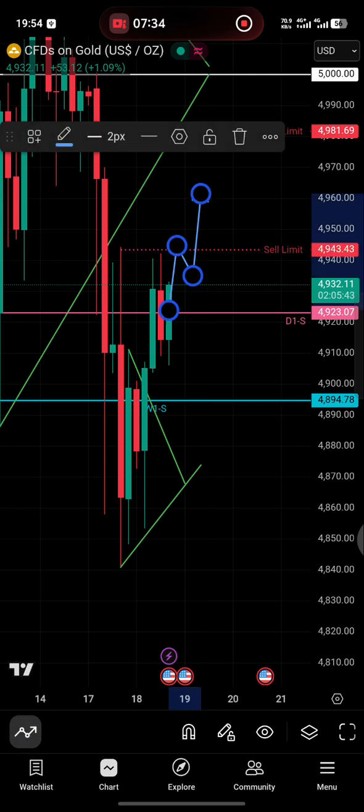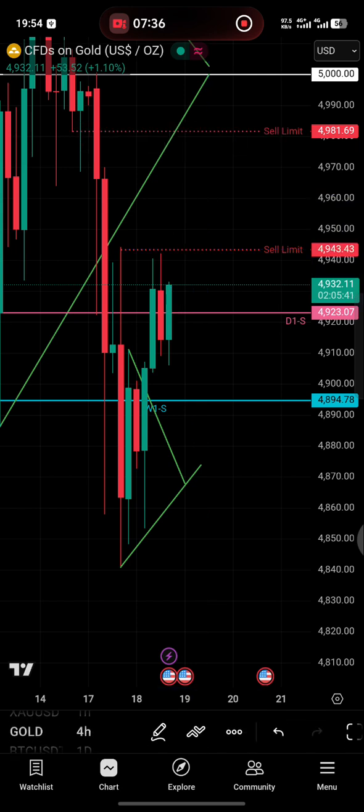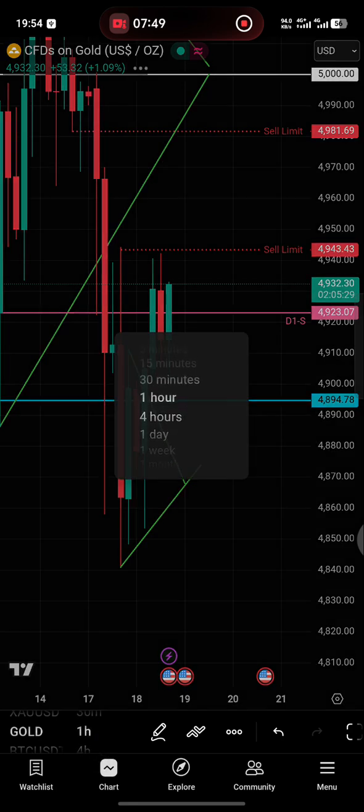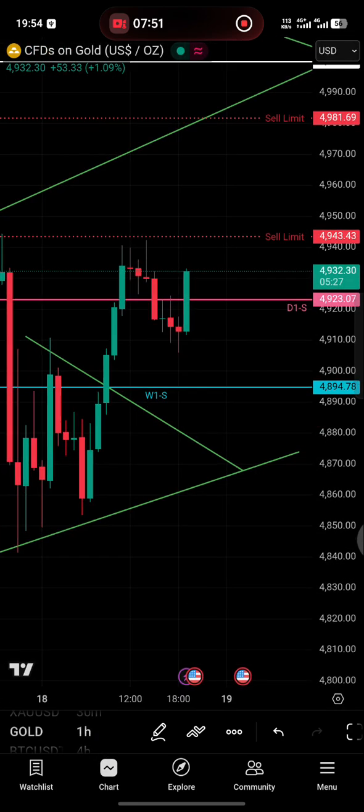It is for the 4-hour candle to close above resistance. And if you're a little bit impatient and you really want a position right now or as soon as possible, I'd suggest going into the 1-hour time frame, right?